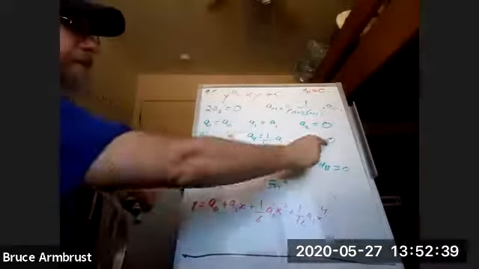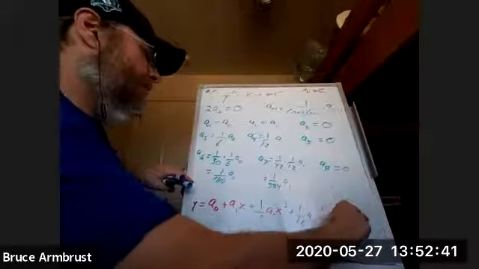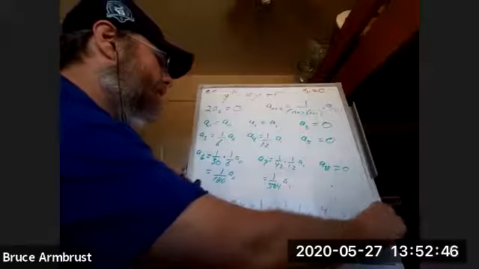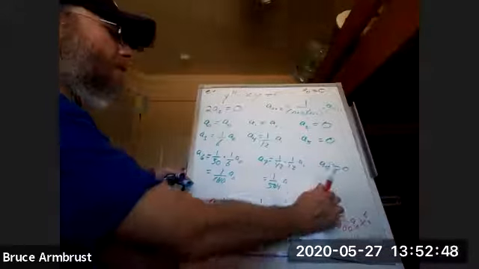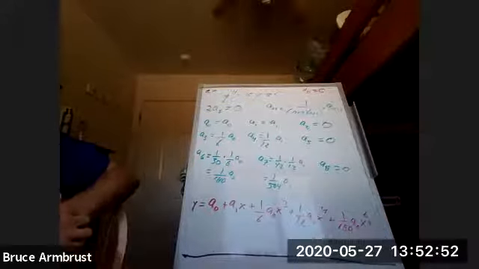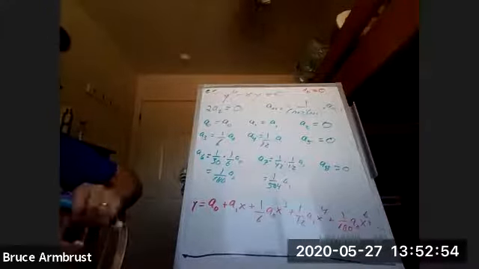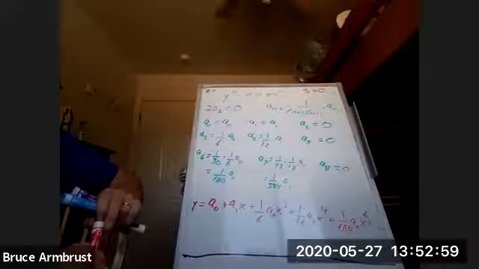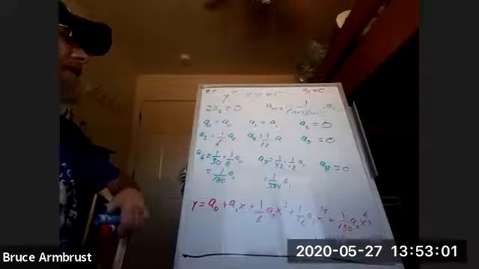There is no x to the 5th. X to the 6th will be 1 over 180 A0, x to the 6th, dot, dot, dot. But we're going to keep following that process. But just like before, we have 2 that we can factor. We can split this into those with A0 and those with A1s.